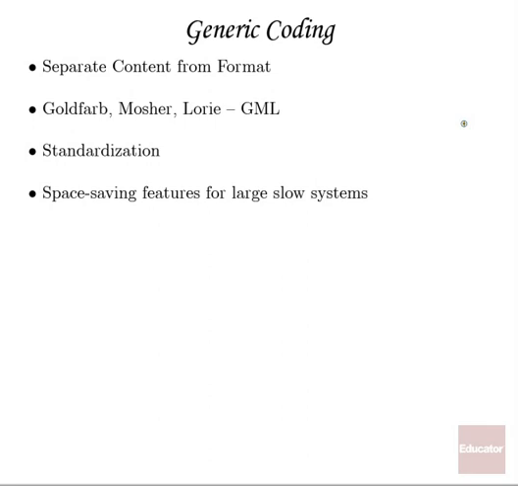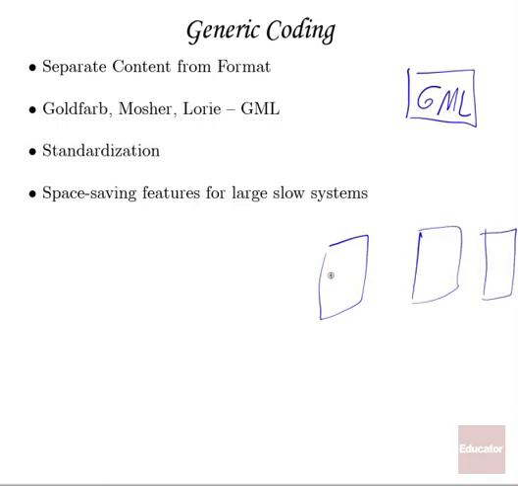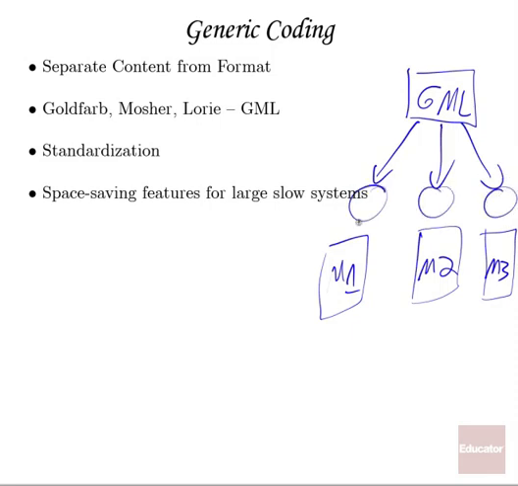If they stored information in a central file using GML to mark up the contents as to which part of each document represented what, then as far as each of their machines or each particular application was concerned, it could be sent to all three machines, and each machine would have its own interpreter that would be able to convert the generic form into a form that was customized for that particular application or machine.